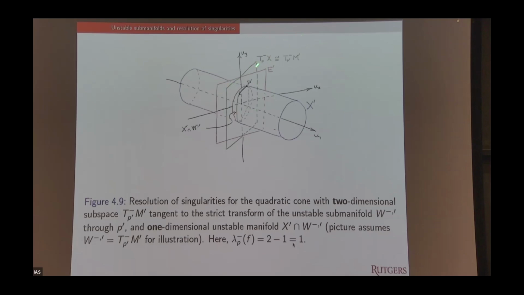So you can think about this green plane here as being the tangent space to the unstable submanifold or just the unstable submanifold. And it happens to be transverse to the exceptional divisor. So it intersects the strict transform X prime in this nice curve here.